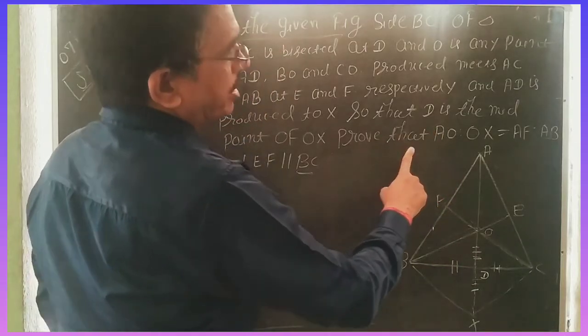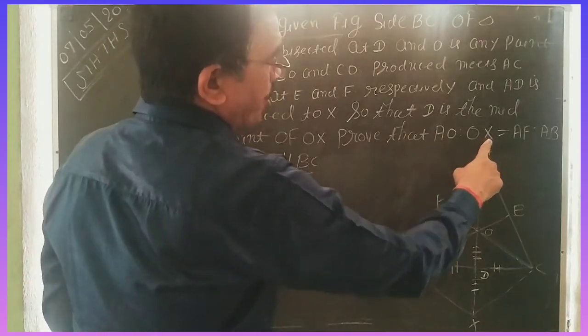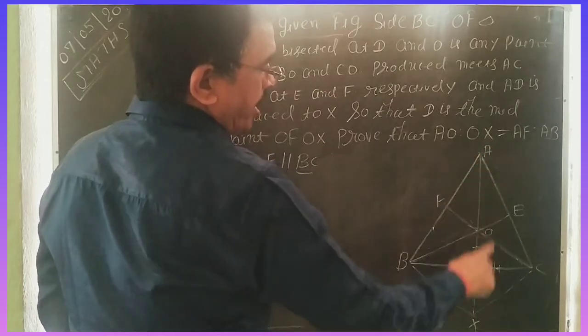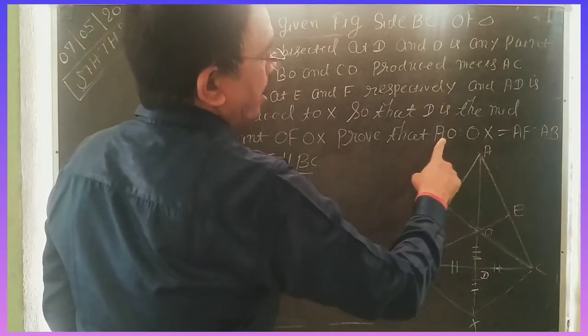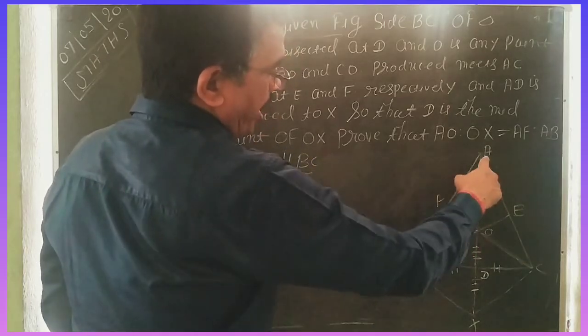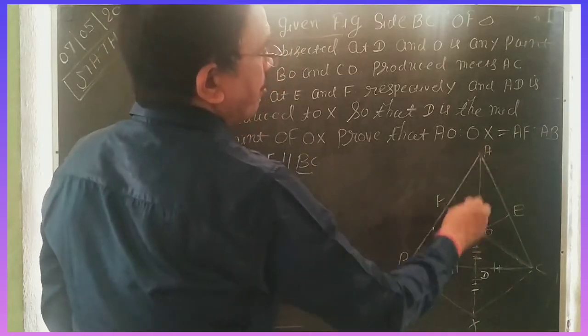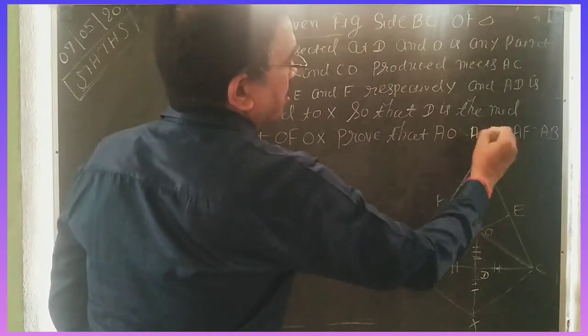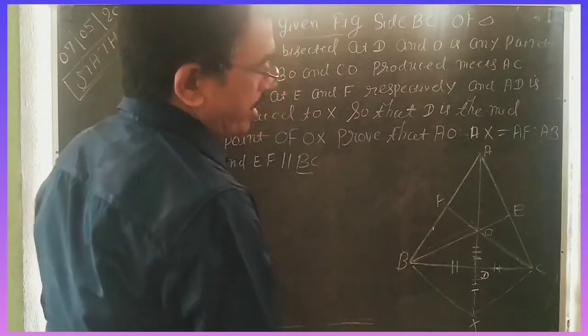Then prove that AO by AX is equal to AF by AB.